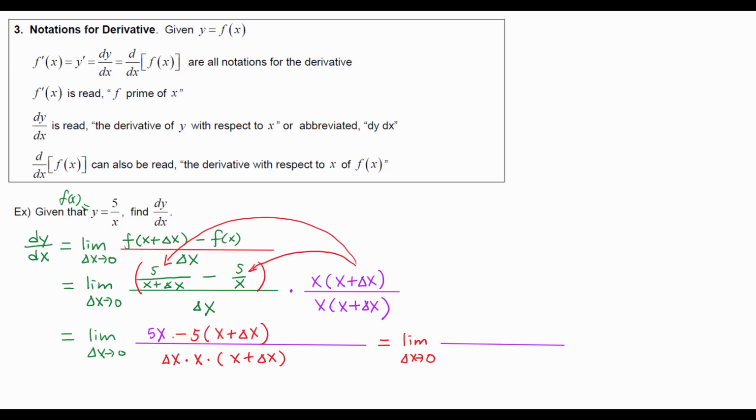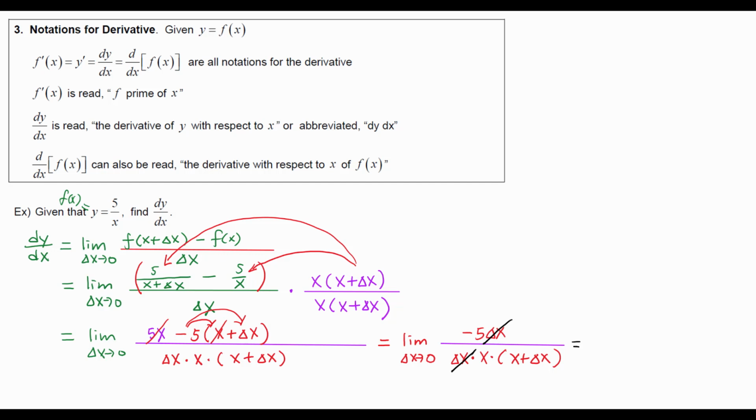I'm going to distribute -5 to both terms inside the parenthesis. And you can see that when I distribute, 5x minus 5x will be 0. So all I'm going to get is -5 times delta x, which is -5 times delta x over delta x times quantity x plus delta x. We now have product over product in our quotient. So we can again cancel the delta x.